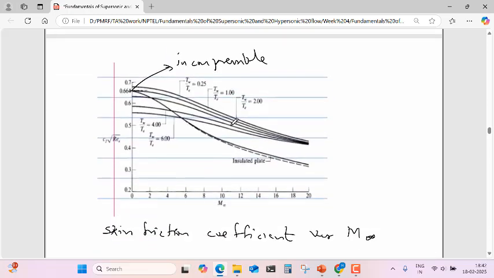So this is the plot of CF times root REX versus Mach number, taken at different TW by TE, and also for an adiabatic plate. If we are changing this TW by TE, the first thing to notice is that it is decreasing with Mach number.